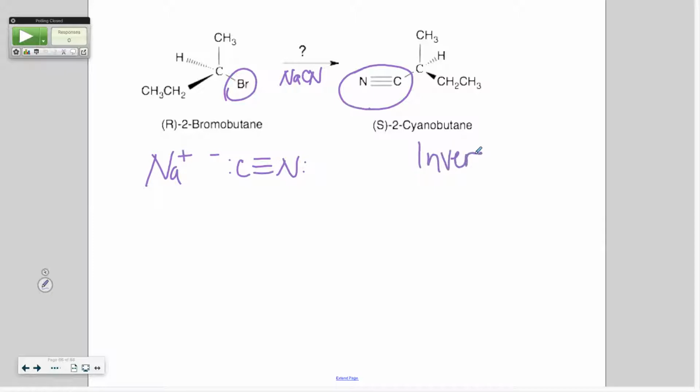Yeah, the sodium is just a spectator ion. Okay, so because it's inversion, what mechanism do we want? SN2. Okay, so how can we ensure that we get an SN2 mechanism?